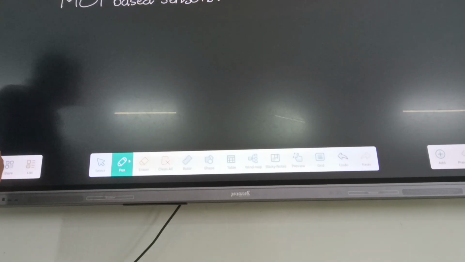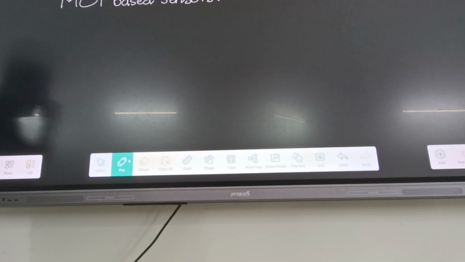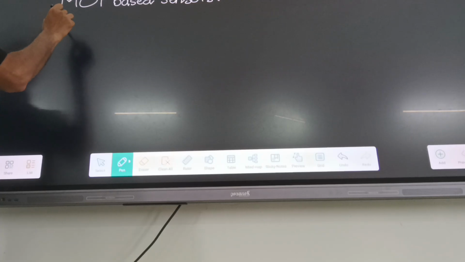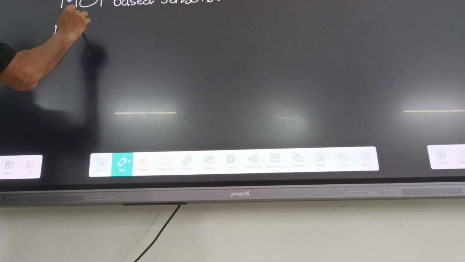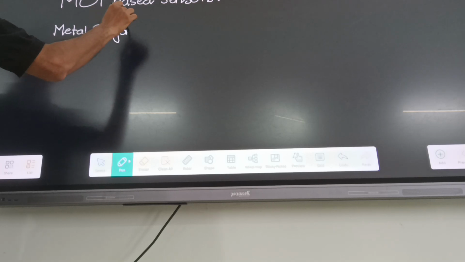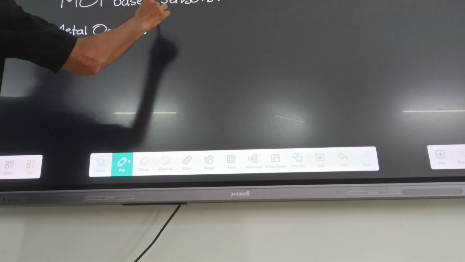Okay, so this is today's topic, MOF based sensors. MOF stands for metal organic framework.